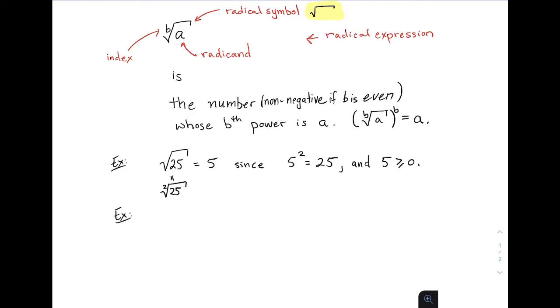Another example. The cube root of negative 27 is equal to negative 3, since negative 3 to the third power is negative 27.